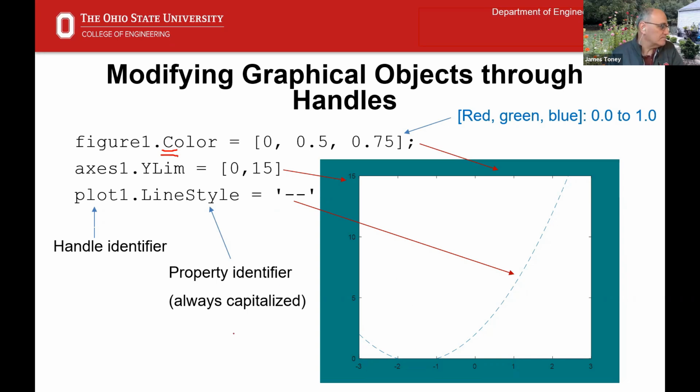Okay. All right. But we're just introducing you to this concept because you're going to use this in GUI programming and App Designer. Okay, this is how you're going to change the properties of graphical objects, and you'll see why you need to do that.